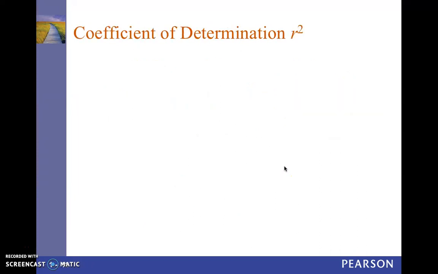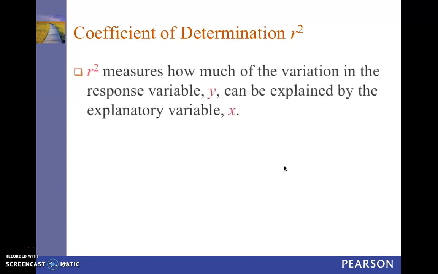And so one of the things that's important that you're introduced to in this chapter is something called the coefficient of determination. Sometimes it's called the effect size. You get it simply by taking the correlation r and squaring it, but it really measures the amount of variation in the Y variable, the response variable, that can be explained by the X variable.